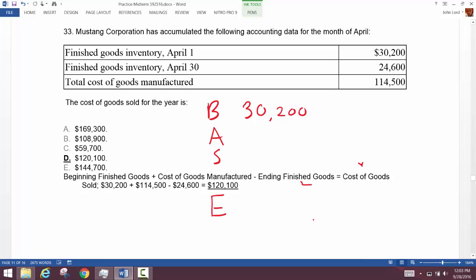Okay, good. Then add in the total cost of goods manufactured, which is 114,500. What are we looking for here? We're looking for the cost of goods sold, right? Don't worry about that stray mark.